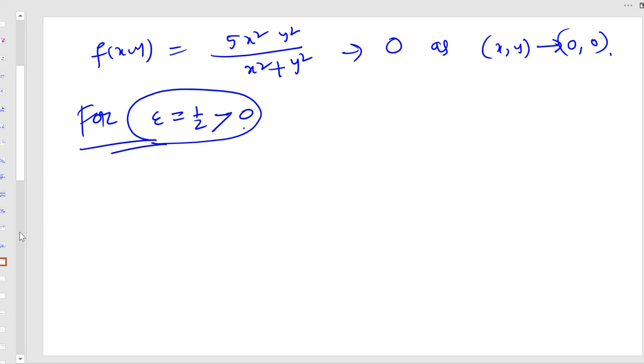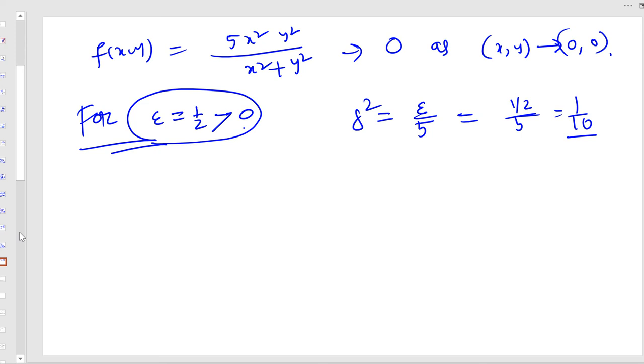Then we have seen that delta^2 equals epsilon by 5, so it will be half by 5, that is 1 by 10. That's how you can select it.